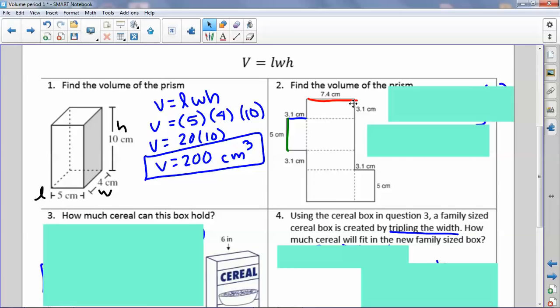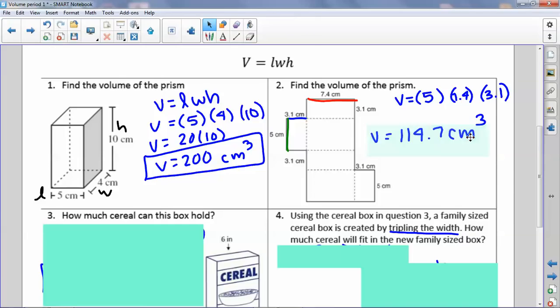So these are the three measurements we have. So we know we're going to do 5 times 7.4 times 3.1. Now remember, it doesn't necessarily matter which one's your length, width, or height, as long as you're using all three measurements. So multiply those three together and you get an answer of 114.7 centimeters cubed.